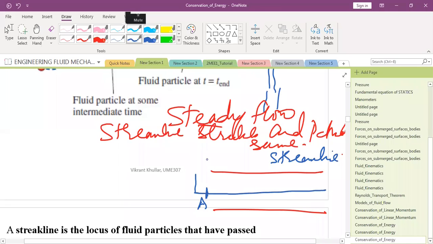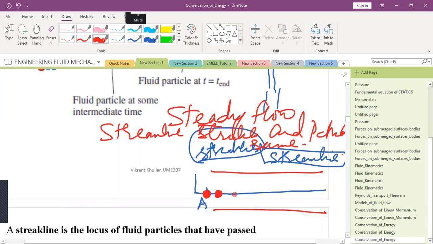So that means streak line will always be coinciding with streamline because nothing is changing with respect to time. Likewise, if I track a particular fluid element that has passed this, this will also follow this path. So that means path line is also coinciding with the streamline and streak line.